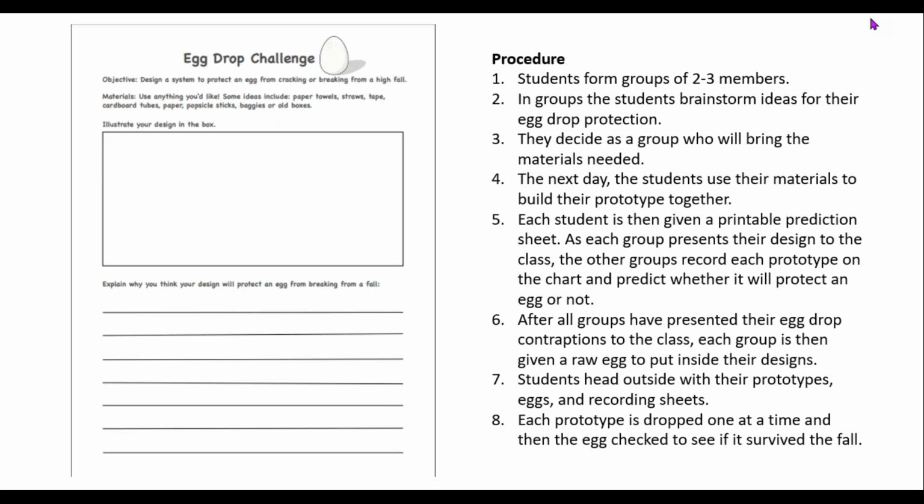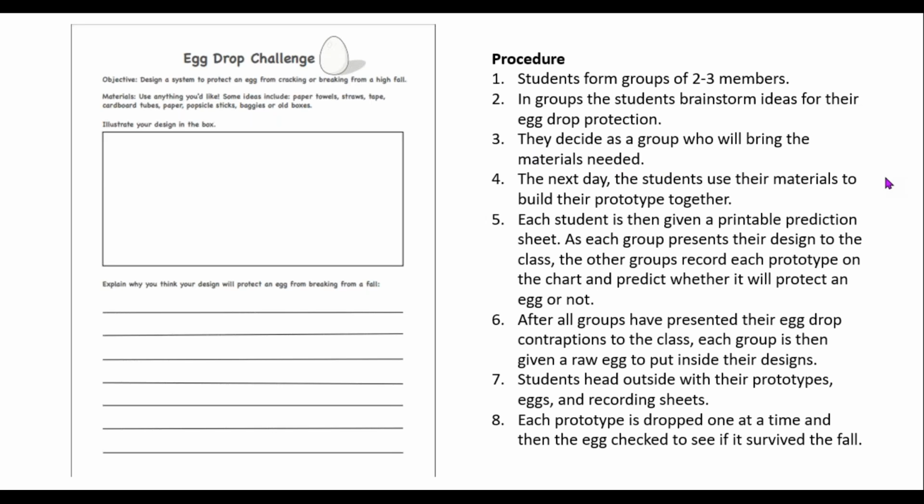The students will illustrate their designs, and they will explain why their design will protect an egg from breaking from a fall. And after the group has decided on the prototype, they will decide who will bring the materials needed, and they will need to be responsible for these materials.